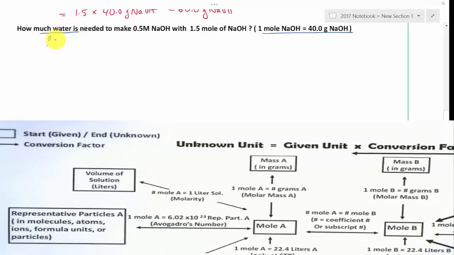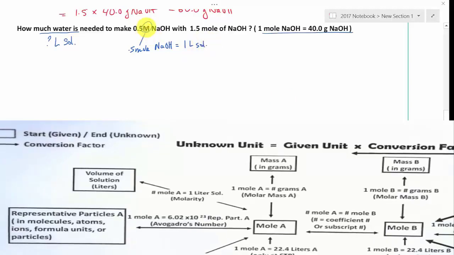So this is basically asking how many liters of solution it is going to be, and is needed to make 0.5 molarity. That tells you there is your conversion factor, which is 0.5 mole of NaOH equal to 1 liter of solution.